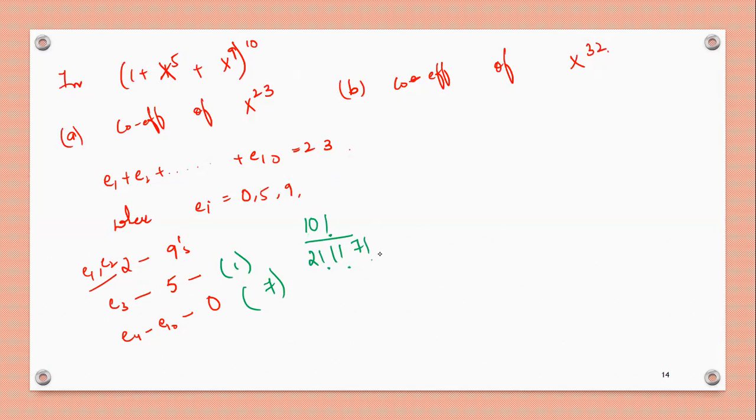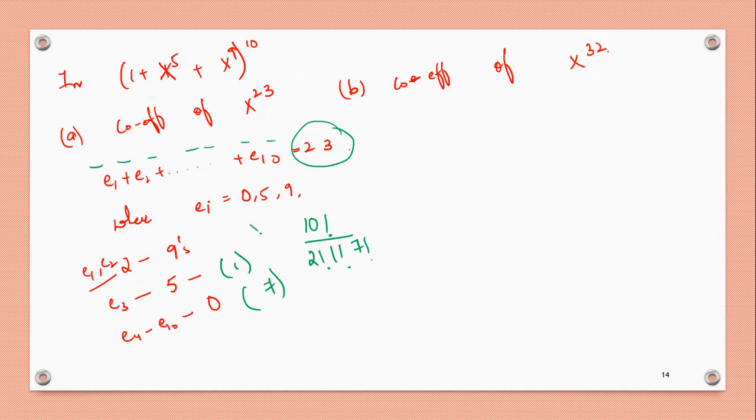Now you might wonder why we are using this formula. If you remember, we used this formula when we were finding the number of arrangements for words like success, Mississippi. What was the question over there? We had repetitions. So here also, when we are filling the blanks of E1, E2 and so on up to E10, we have repetitions, that is we can have the same values, and also we need to find the coefficient of x power r.